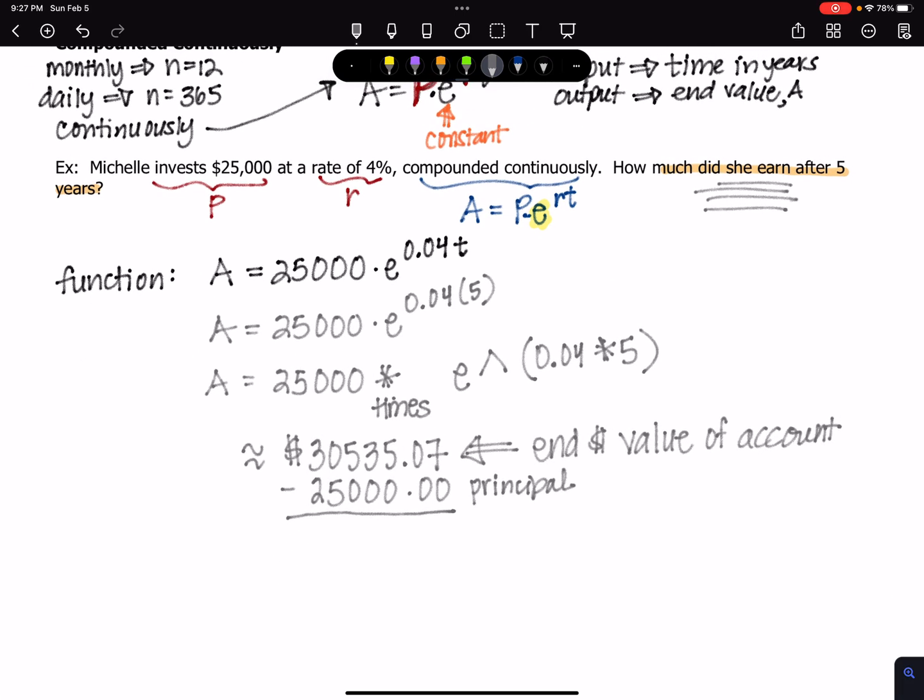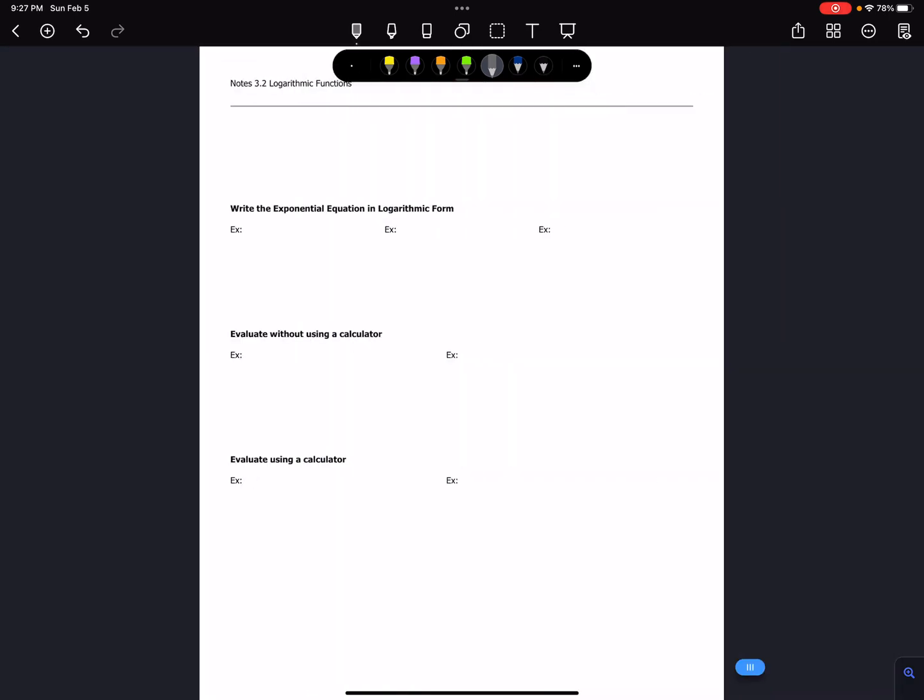That's what she deposited. And she would have earned $5,535.07. So that's how much she earned by placing her money in an account that was compounded continuously for 5 years.